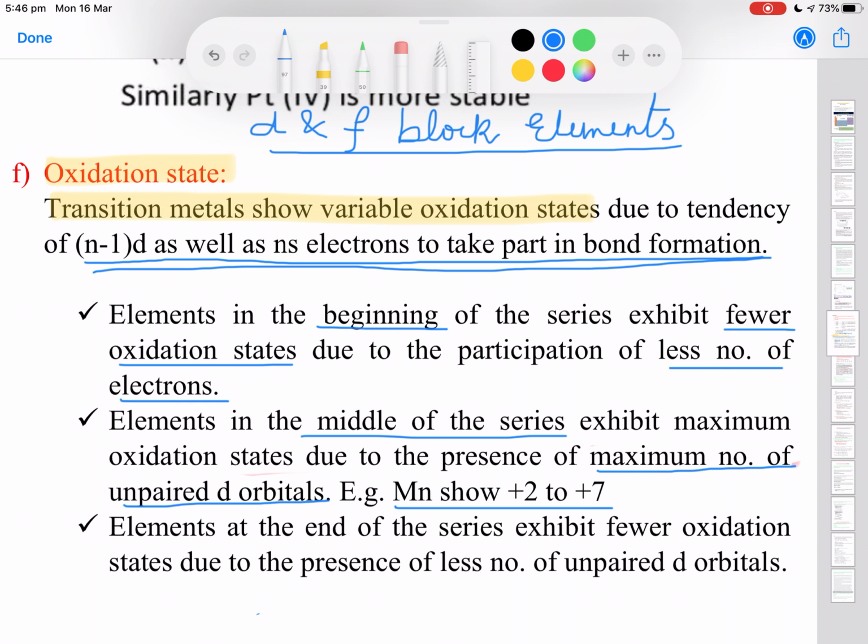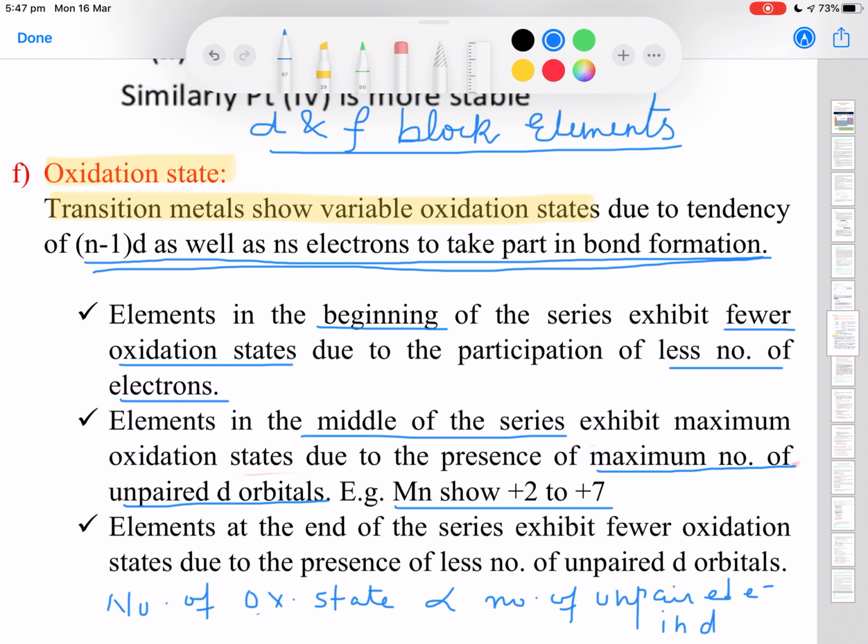So what is the most important thing you can understand here is the number of oxidation states. I'll write it down here for you. The number of oxidation states is directly proportional to the number of unpaired electrons, number of unpaired electrons in d orbital.